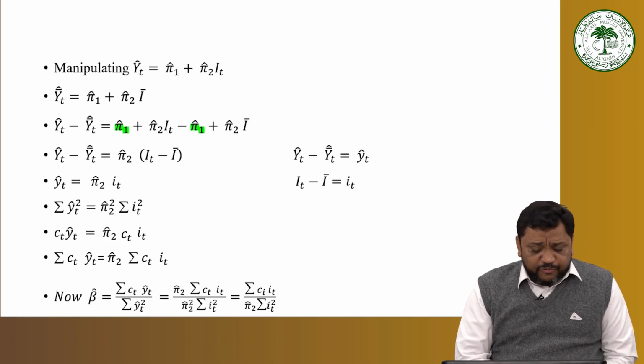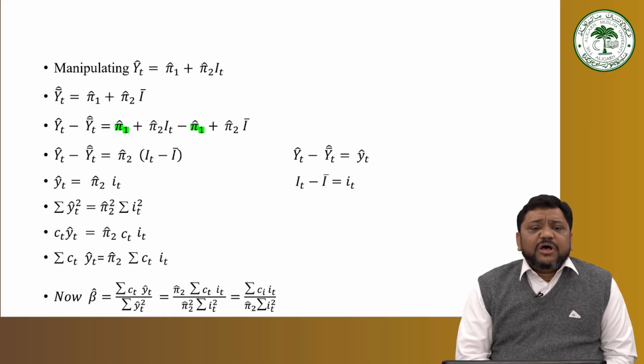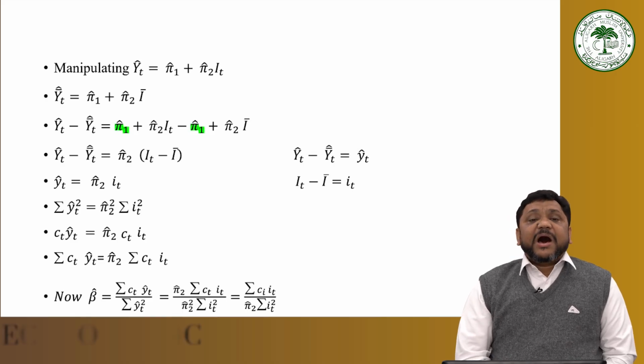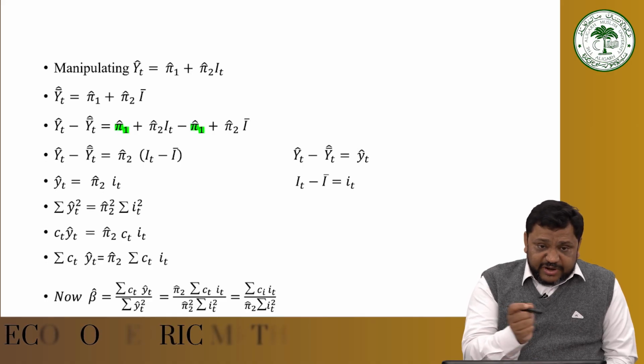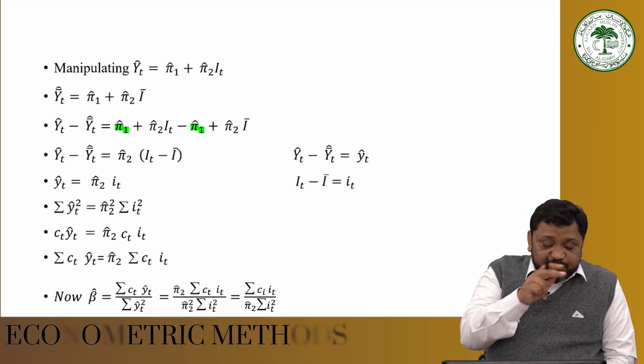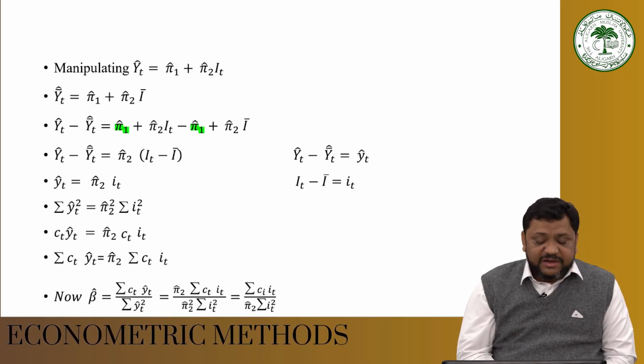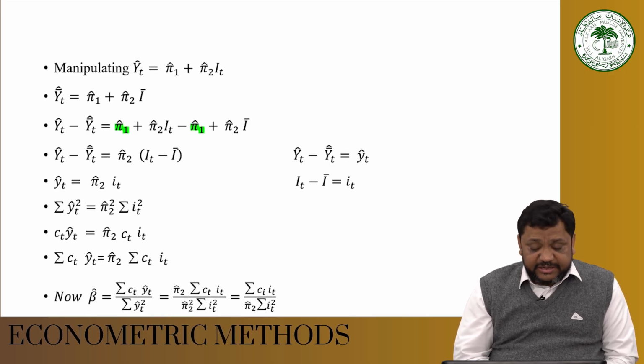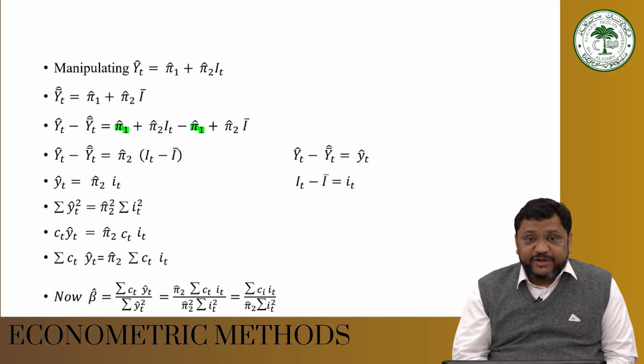Now see, we do a small manipulation. YT hat is equal to pi1 hat plus pi2 hat IT. Now we take Y bar hat, which is equal to pi1 hat plus pi2 hat multiplied by I bar. So we write YT hat minus Y bar hat is equal to pi1 hat plus pi2 hat IT minus pi1 hat plus pi2 hat I bar.